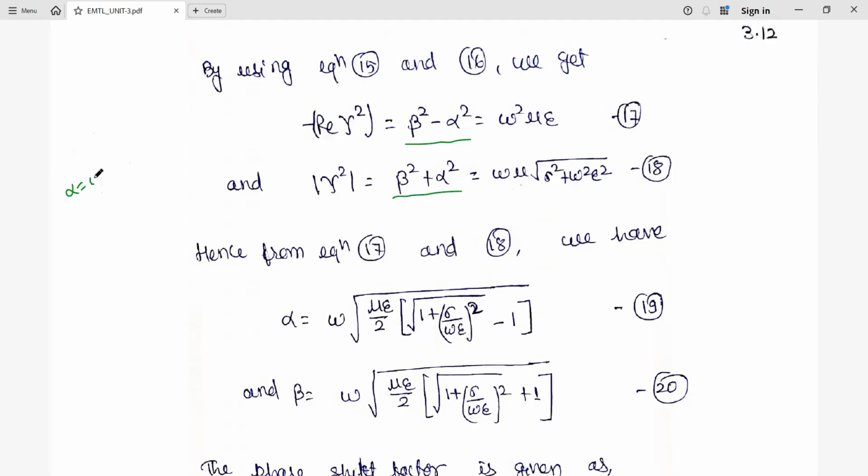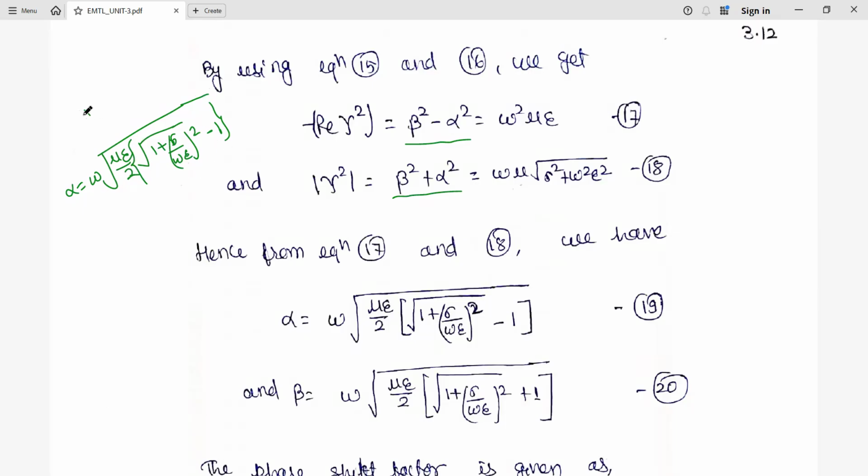So alpha is omega root under mu epsilon by 2, again here we have a square root inside, so 1 plus sigma by omega epsilon whole square, and here this minus 1 is there. So this is under the first square root. For this one you can write it in this way.